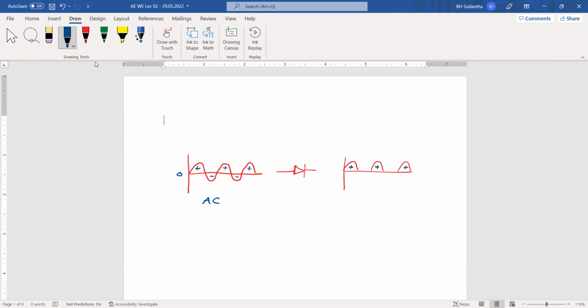This is the zero voltage line, and this is the voltage. And we have this one only. Then what is this? This is a DC voltage. So here we have AC to DC conversion. AC to DC conversion means this is rectification.